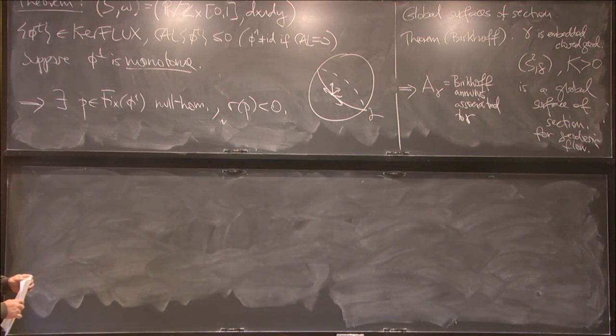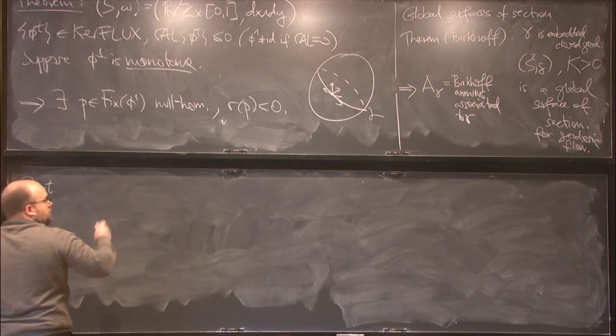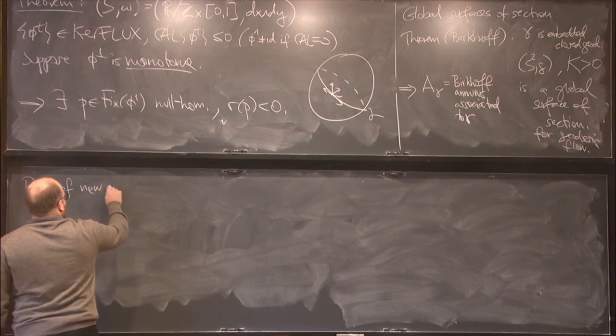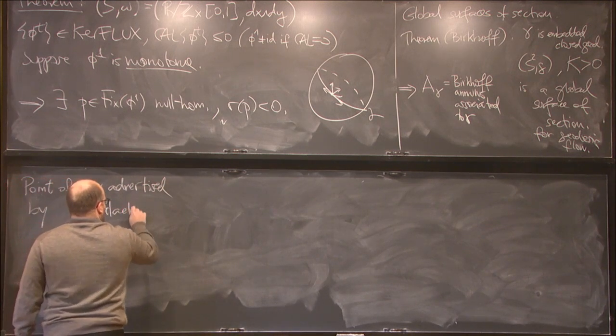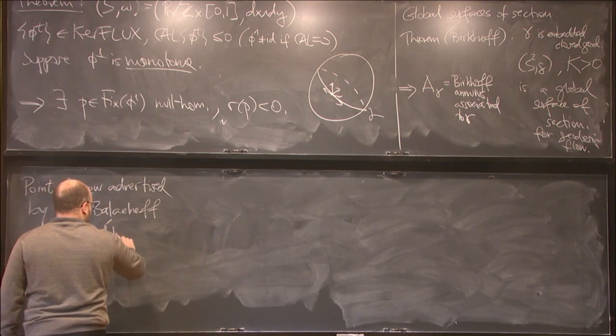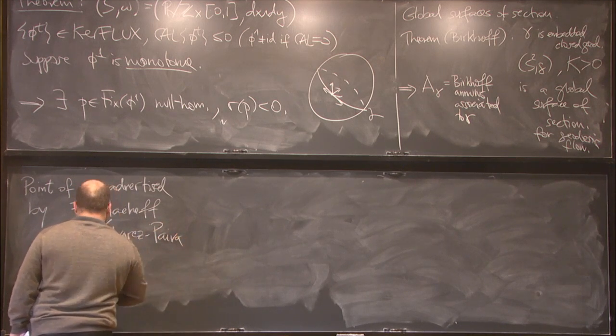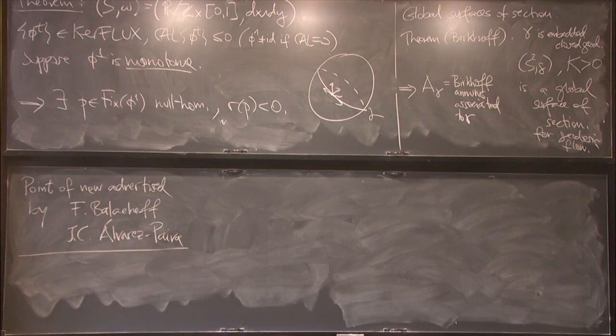Okay, but I should say that this line of reasoning is implementing a point of view advertised by Florent Balacheff and Juan Carlos Alvarez-Paiva, which is basically saying that you might want to abstract the systolic inequality for geodesic flow to the more general setup of systolic inequalities for Reeb flows in contact geometry, and then maybe in this more ample point of view, there are different tools that come into play.